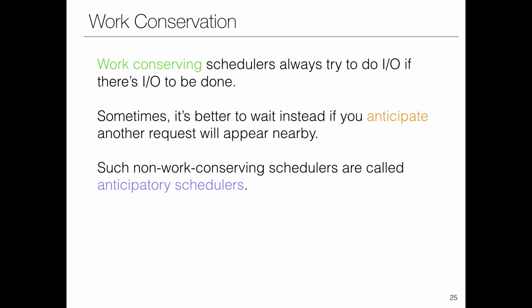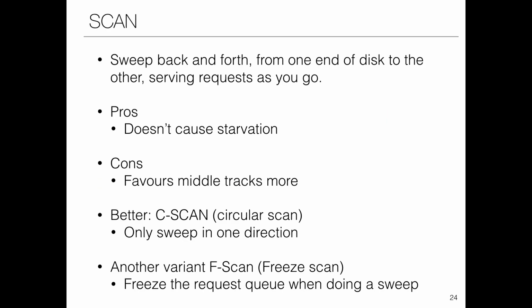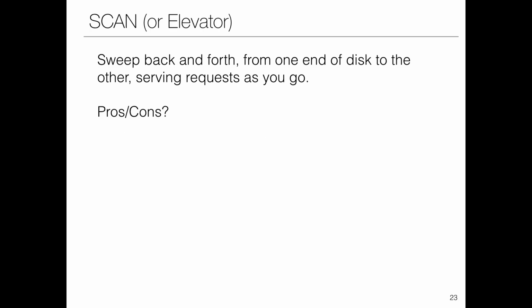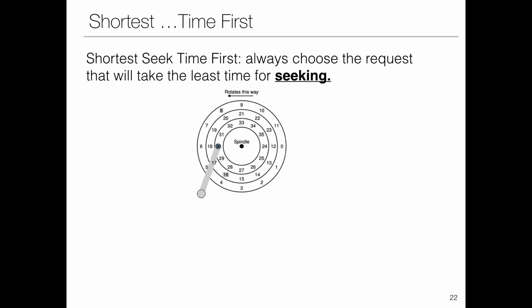Okay, there's another small thing to discuss. Is it always better to do input-output when it is requested, or can it be better to wait for some time? In the context of these schedulers, let's say the head is at 6 and there is a request for 33.